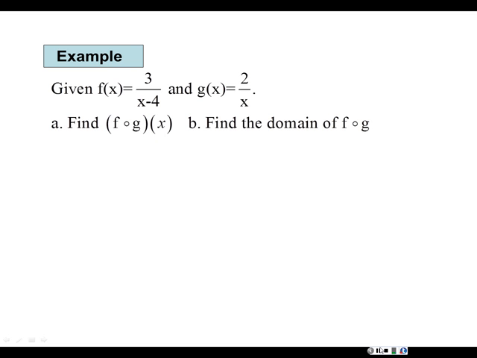Negative infinity to 0, look at this, 0 is not included, union 0 to half, union half to positive infinity. So we have 2 points of x, 0 and half, which are to be excluded so that we don't have any division by 0.